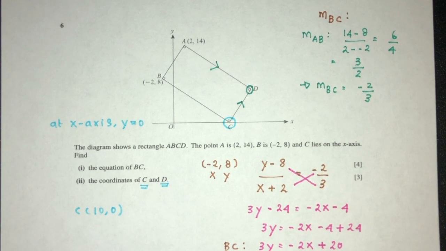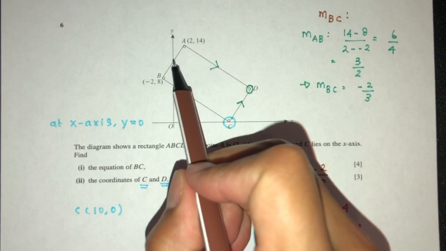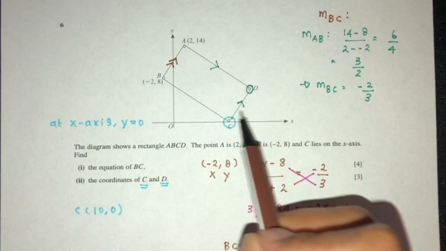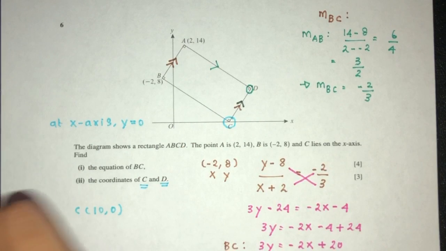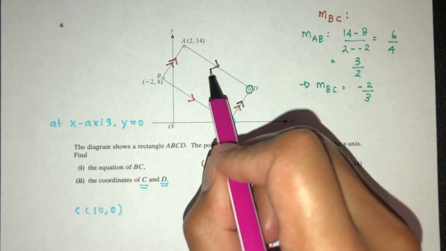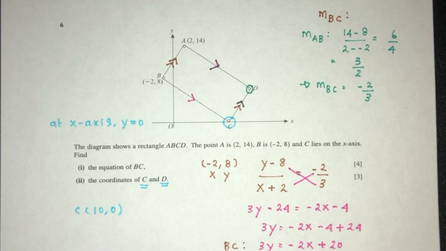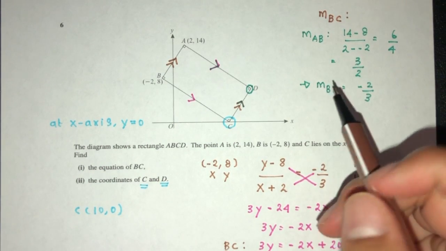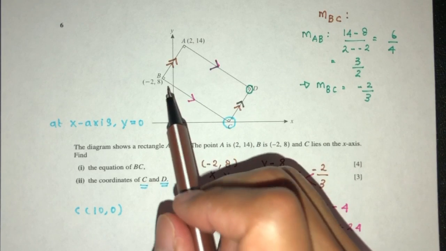But the easiest way is actually we can just move. Because it is a rectangle, we understand that these two sides must be in the same direction, and this side is in the same direction as this. So what can we conclude? For example, let me explain.